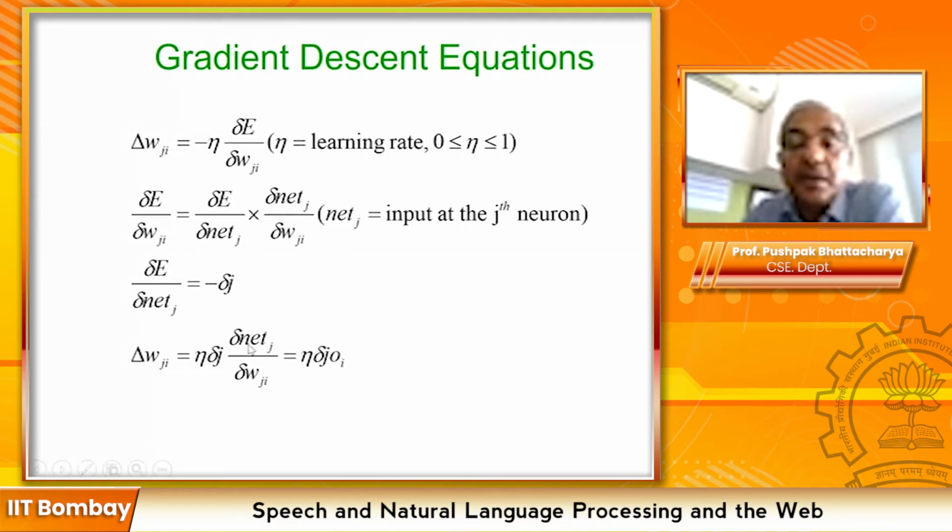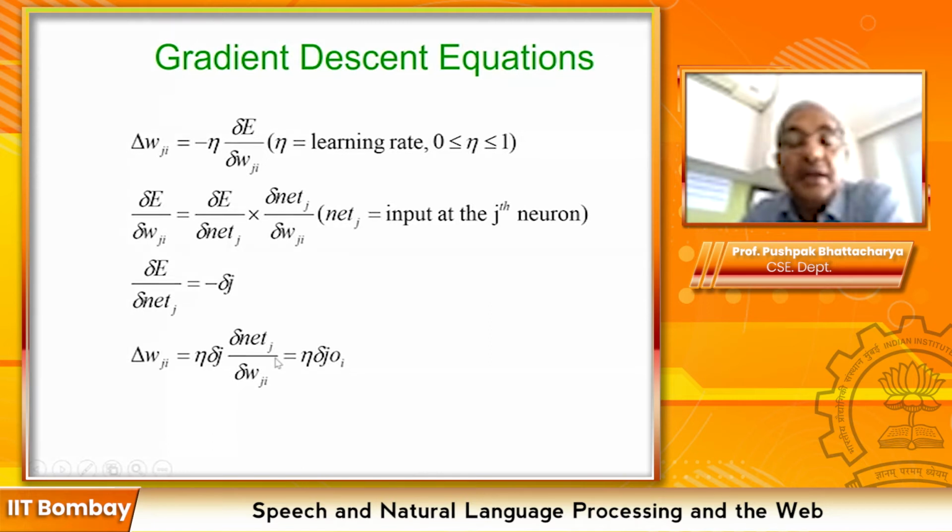Why is it so? Because net j is nothing but sigma wji OI, summed over all inputs which are coming at the jth neuron. Now wji is a single connection weight, so it affects only one term in that summation.